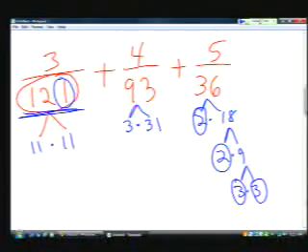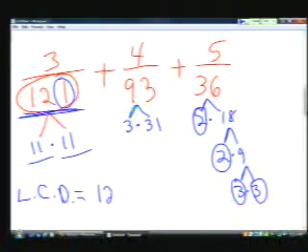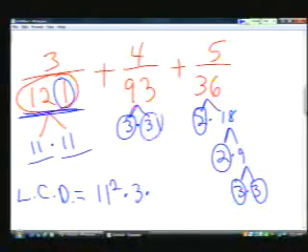So now we're ready to get the least common denominator. The least common denominator. We need an 11. We need another 11. It's going to be 11 squared. 11 squared times, we need a 3. Don't have a 3 yet. Need a 31. Don't have a 31 yet.